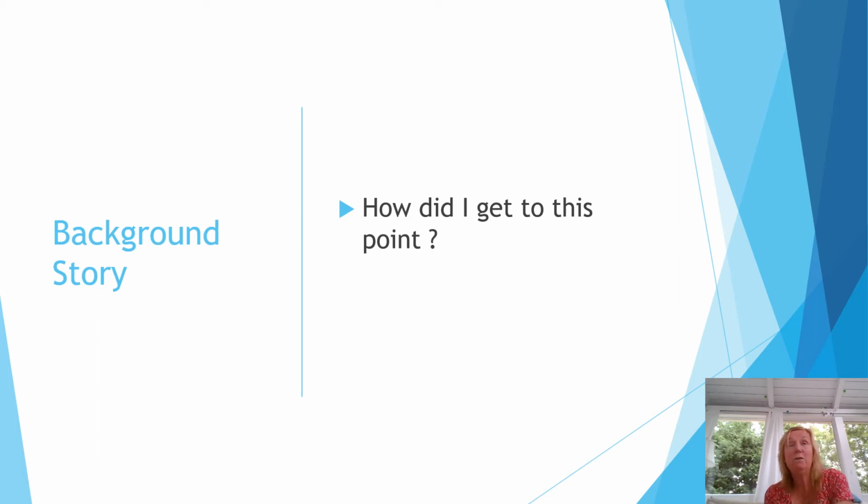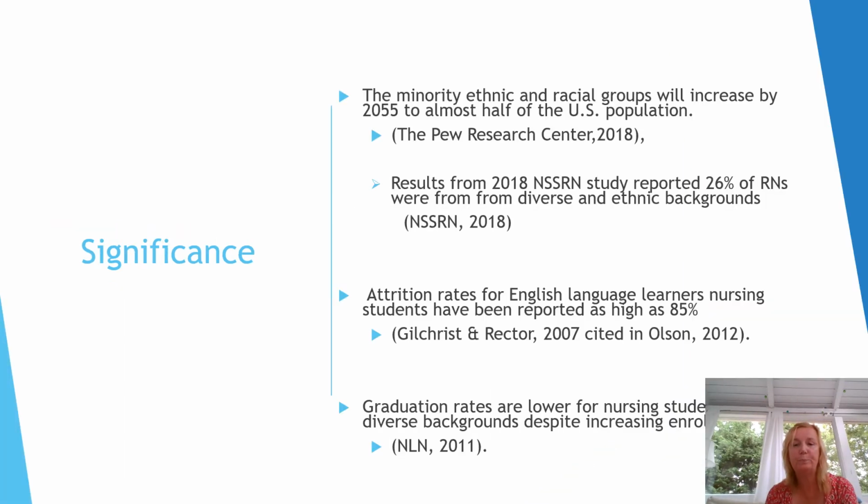I really had to admit that I was part of the problem, that as much as I thought I was doing the right thing, I was not adjusting my teaching to meet the needs of English language learners. And I thought that if I, who've been teaching for 20 years and thought I was pretty good at it, was struggling, I must not be alone. So that's where my story comes from.